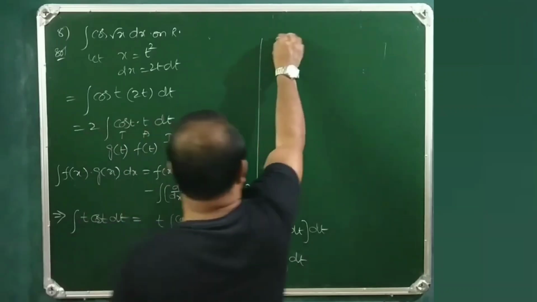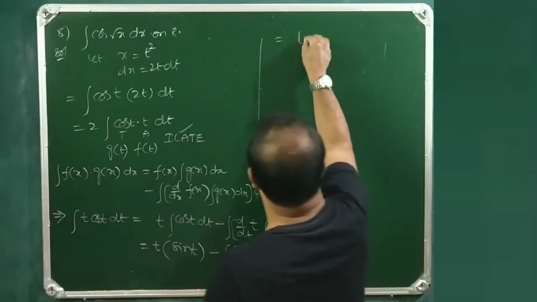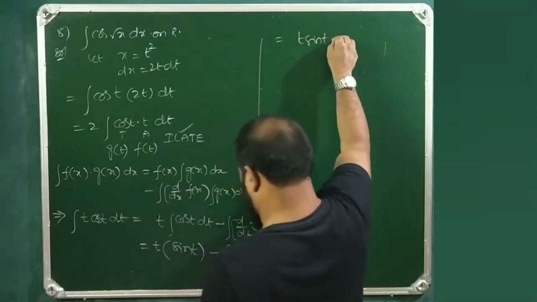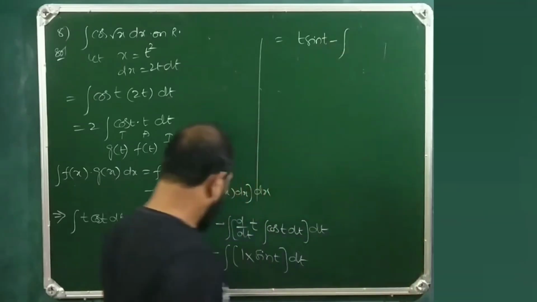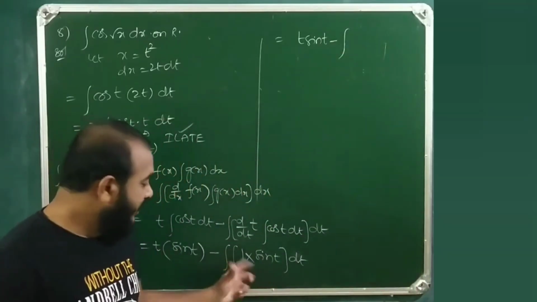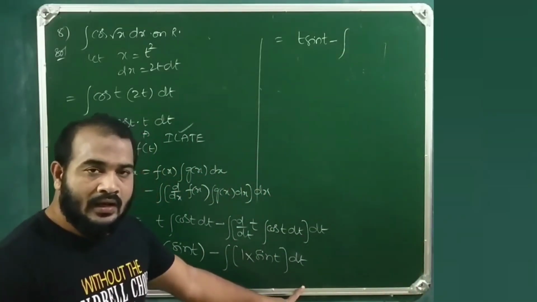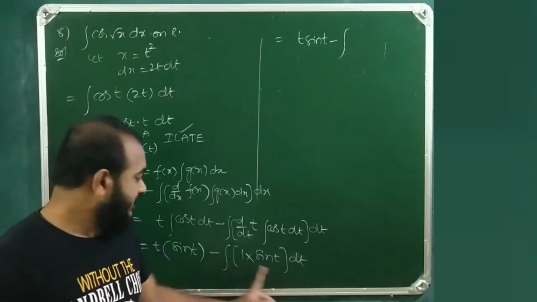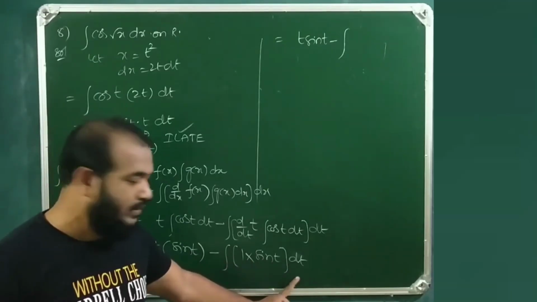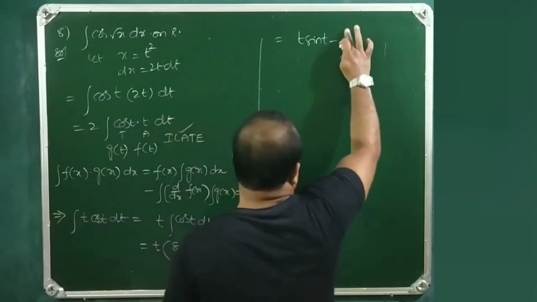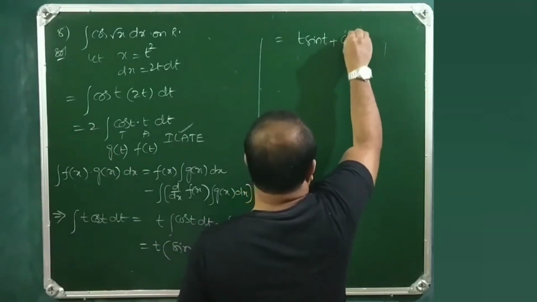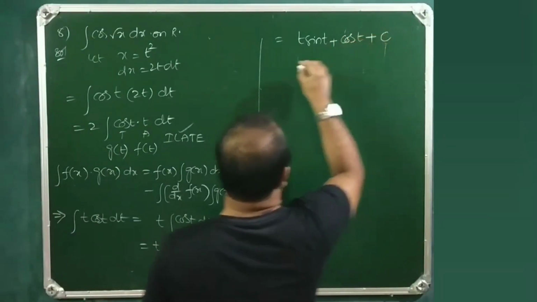This implies t sin t minus integral 1 into sin t dt. Integral sin t dt is minus cos t. Minus of minus is plus, so plus cos t plus c.